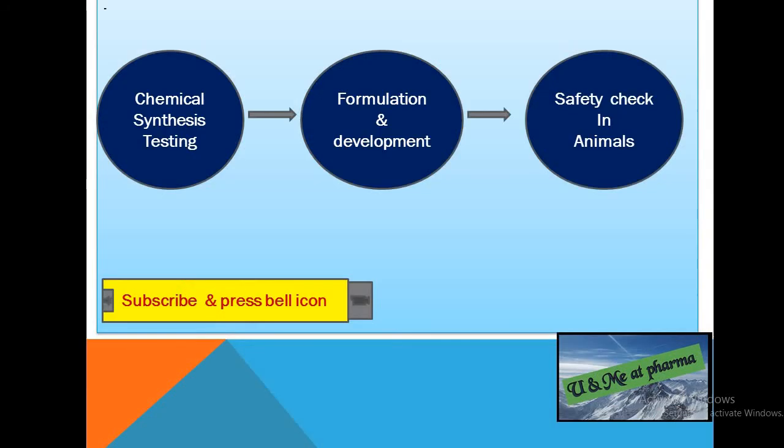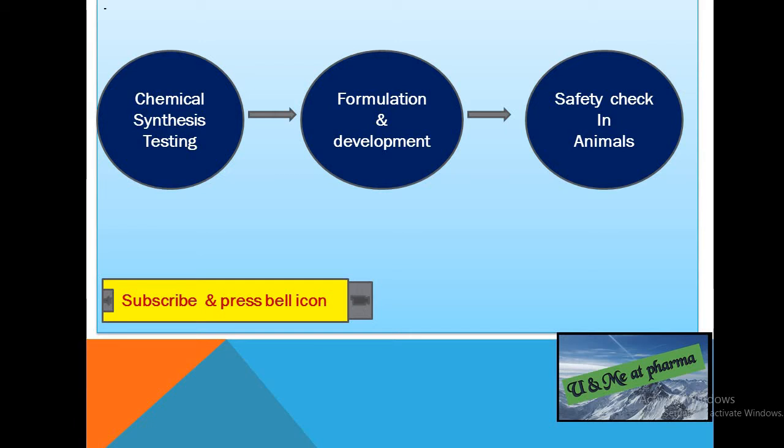Next comes chemical synthesis and testing. Any drug as a raw material, we cannot use. It needs to be synthesized and developed in a proper way, so we synthesize the drug, and that process is chemical synthesis and testing.